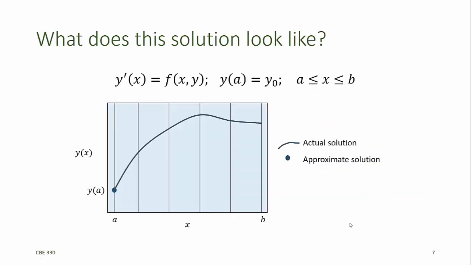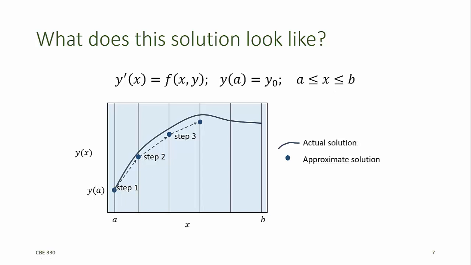Solving an initial value problem is illustrated here for this first-order ODE. The actual solution may be represented by the curve shown here. The actual solution is known at the left end of the domain, in this case, at x equals a. We use some numerical method to approximate a solution for y at x1 in step 1. And then in step 2, we use that same method or a different method to approximate the value of y at x2.